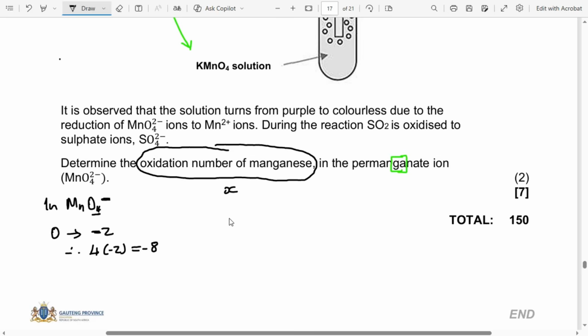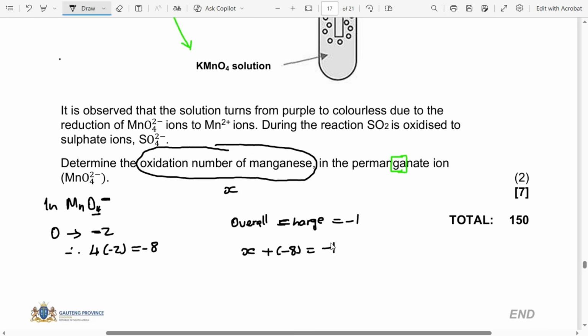So the overall charge is minus 1. This tells you that if we take that X and add it to minus 8, we should get an answer of minus 1.